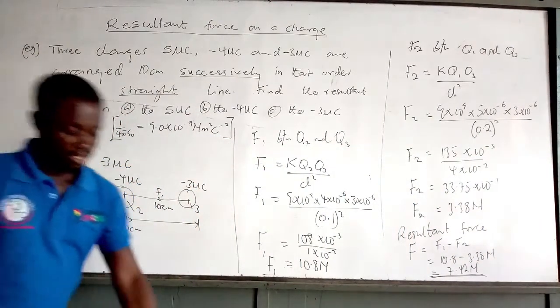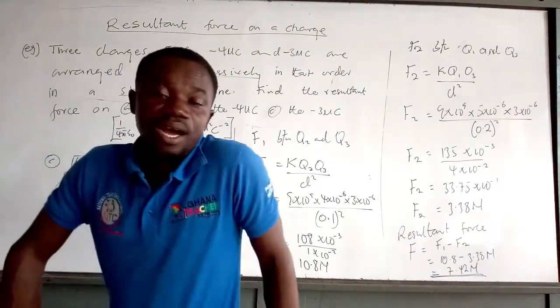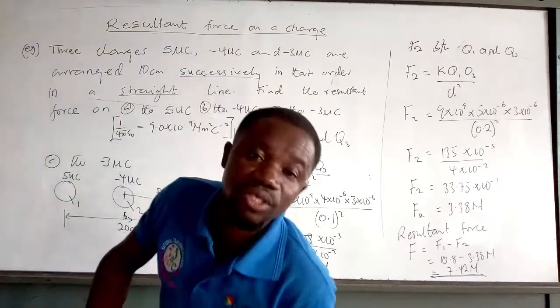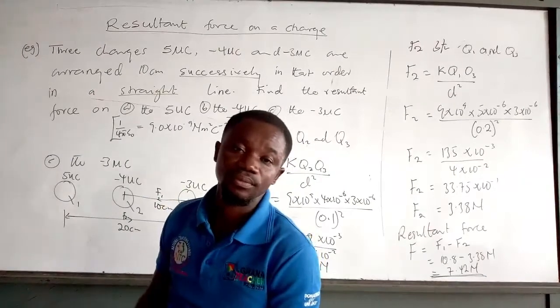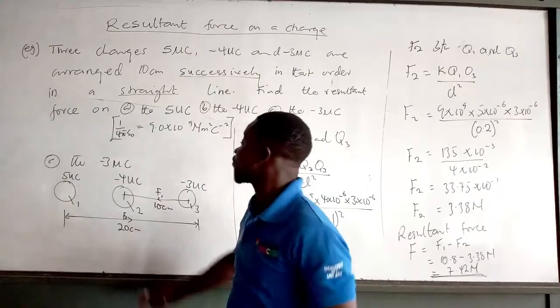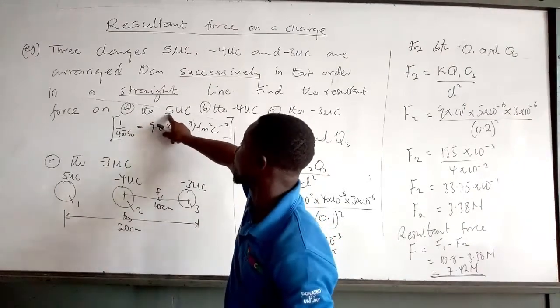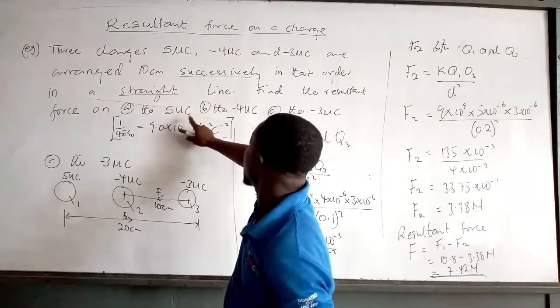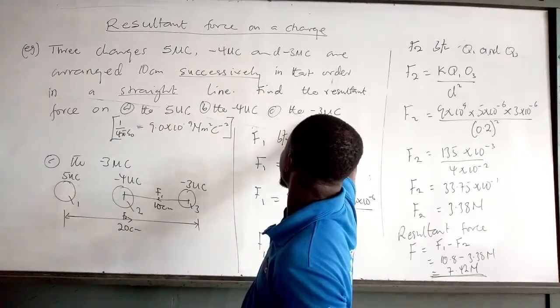So that is basically how we deal with resultant force on charges. So what I have done is that I have found the resultant force on the 5 microcoulomb charge. I have found the resultant force on the 3 microcoulomb charge.